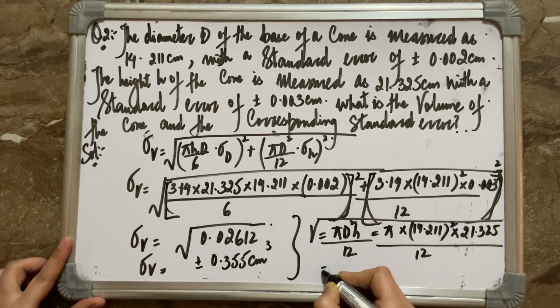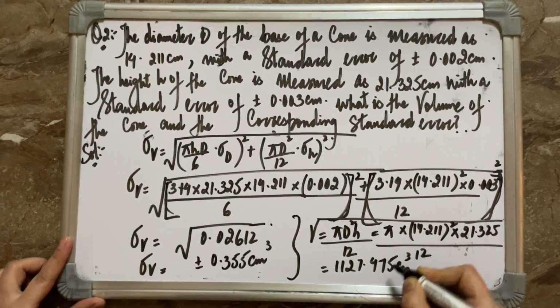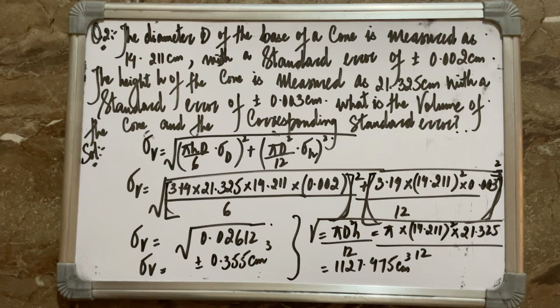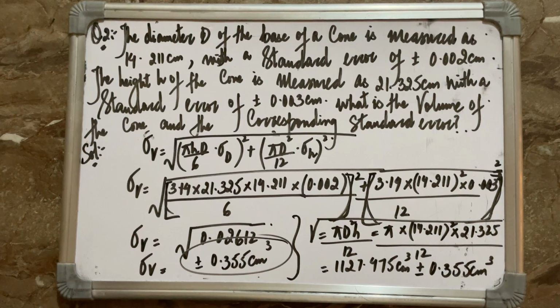This comes to 1127.475 centimeter cube. This is the volume of the cone, 1127.475 centimeter cube, and the standard error came to plus minus 0.355 centimeter cube. So we calculated both the volume and its standard error.